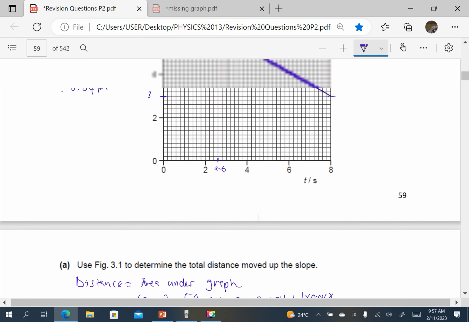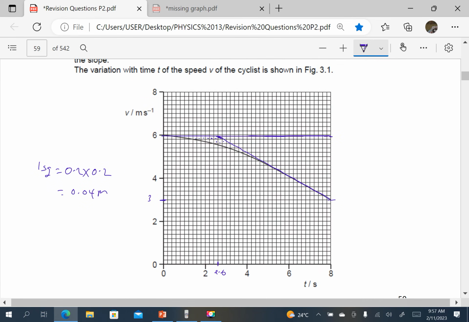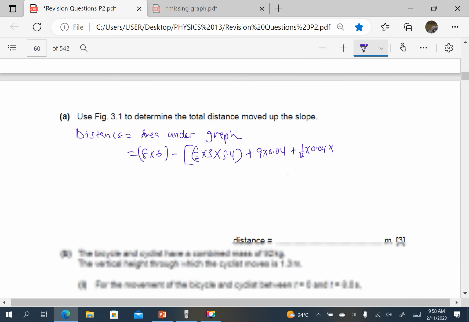Plus, for the half squares, I will say a half times the area of one full square, times the number of half squares. I didn't draw a very nice rectangle, but you can draw a better one. I aimed it to be along this line of 0.6. So for the half squares, I count 1, 2, 3, 4, 5, 6, 7, 8, 9, 10, 11, 12, 13, 14, 15, 16, 17, 18, 19, approximately 19 small squares.